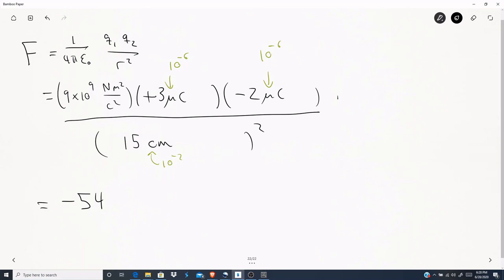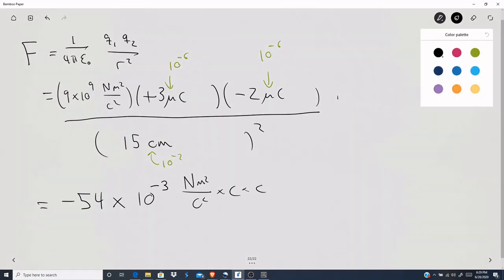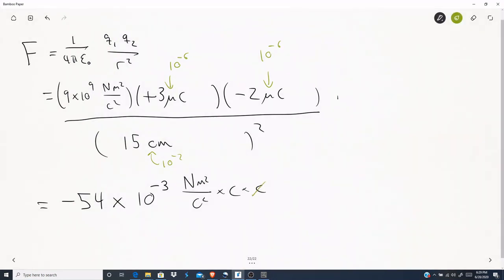So this will be 10 to the 9 minus 6 minus 6. 9 minus 6 is 3. Subtract another 6 is negative 3. As far as the units are concerned for the top, I have newton meter squared per coulomb squared times coulombs. And the result is that these coulombs cancel that coulomb squared in the bottom.